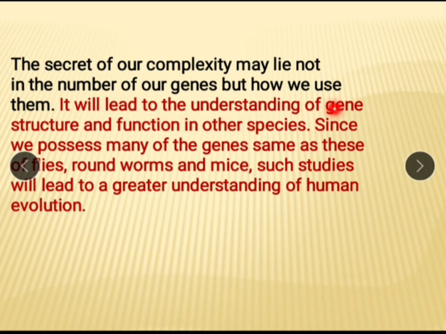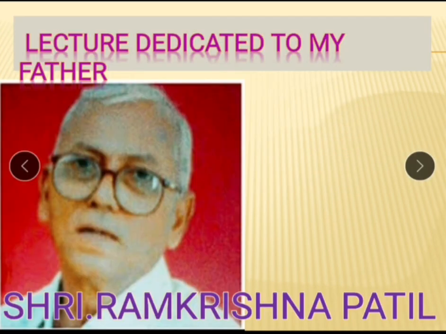It will lead to understanding of gene structure and function in other species. Since we possess many genes that are the same as those of flies, roundworms and mice, such study will lead to a greater understanding of human evolution. Thank you, friends.